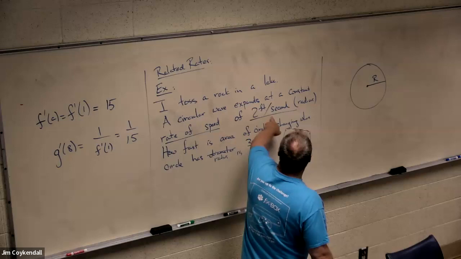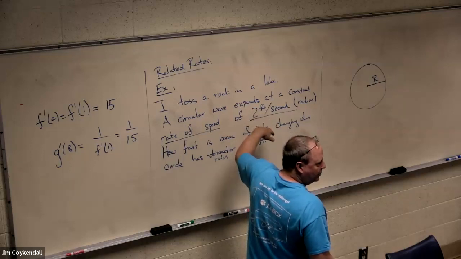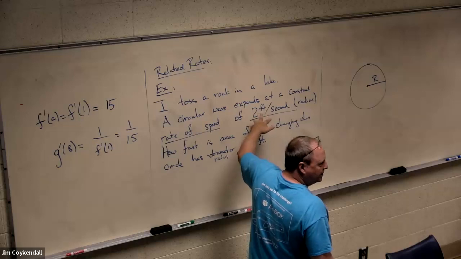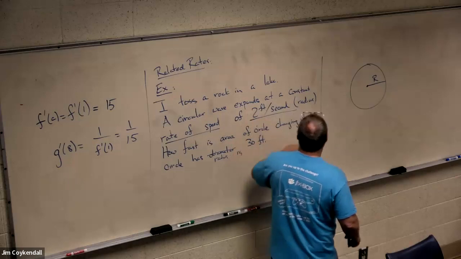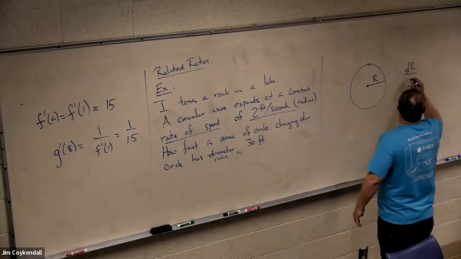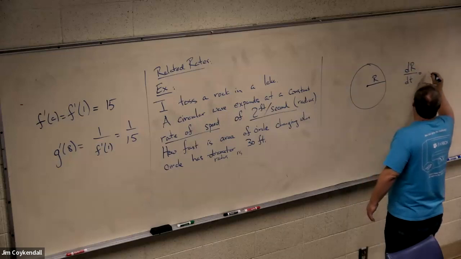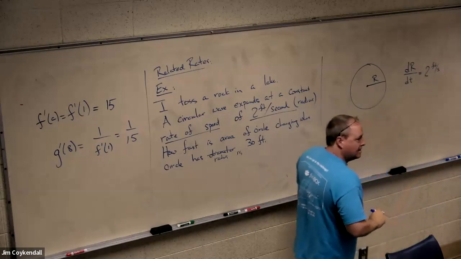What is this a change of? It's 2 feet. What's changing? The radius. So what this is saying is that the change in radius with respect to time is a positive 2 feet per second.